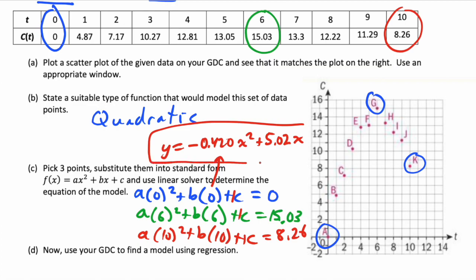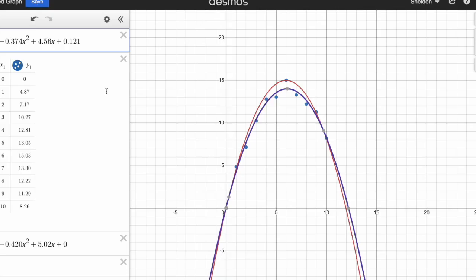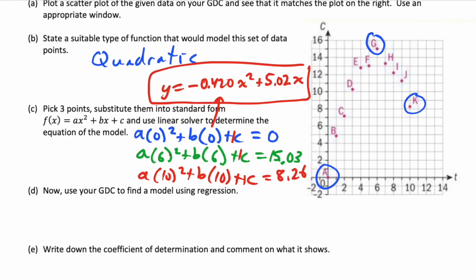So this is our model. And let's actually, in Desmos, let me turn this model off. That's what it looks like. So it goes to the maximum, and it goes through the 3 points we picked, but it doesn't do so well with these points right here. So that's what the graph looks like.